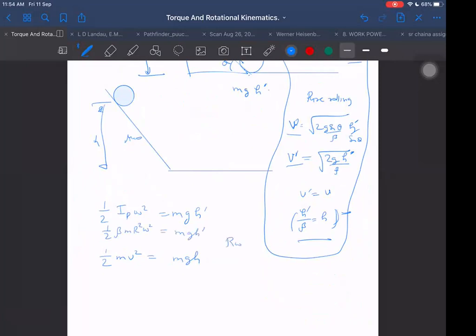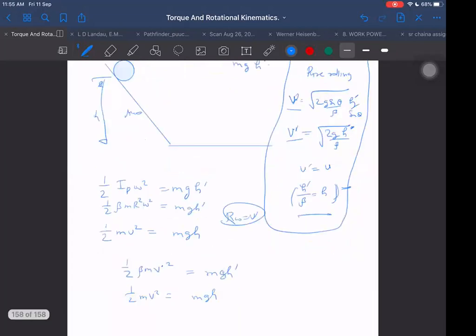R omega will be equal to v dash for pure rolling. Then I get half of beta m v dash square. I told you that for pure rolling, the mass behaves like beta m. So half beta m v dash square is equal to mg h dash, and the other is half m v square equal to mg h. Take the ratio again.